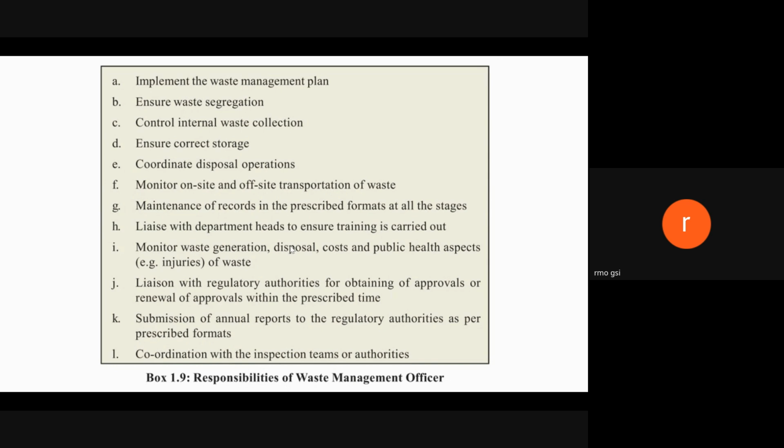It is the responsibility of the waste management officer to implement the waste management plan, ensure proper segregation of the waste, control internal waste collection, ensure correct storage, and coordinate with the disposal operation, final disposal, and transportation. Also monitoring on-site and off-site and transportation, maintenance of all records in the prescribed format, and liaising with the departmental heads to ensure training of all the staff.